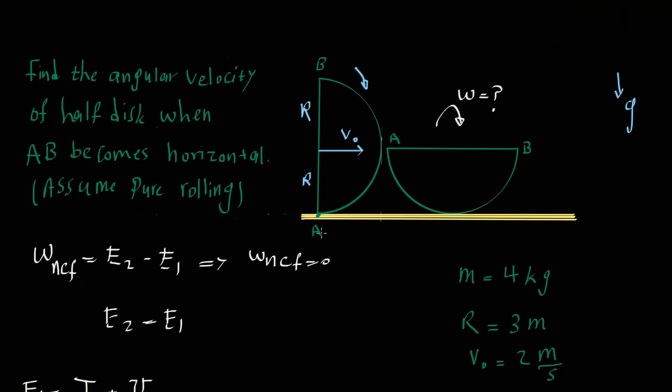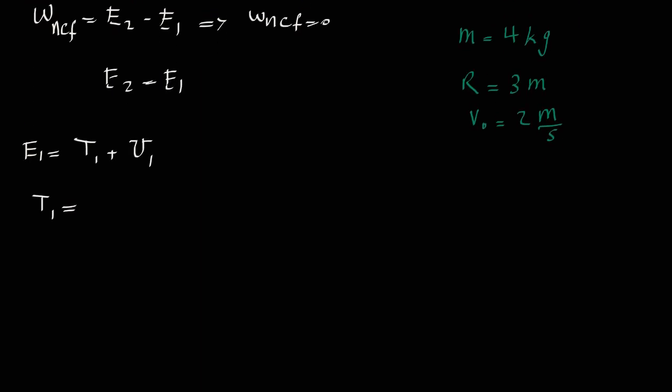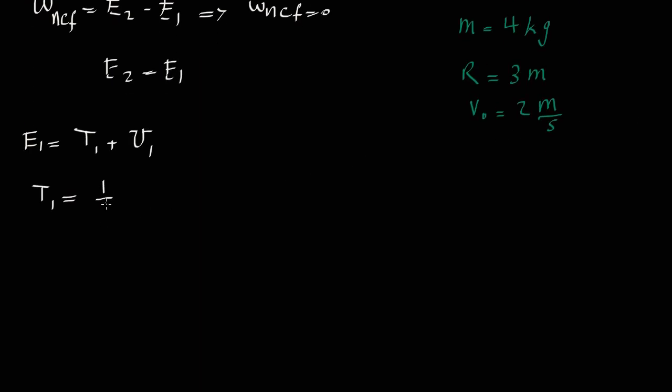Because we have pure rolling here, I would say that the velocity of this point A is equal to 0. And we saw that if the velocity of point A is equal to 0, we can write down the kinetic energy of this rigid body as 1 over 2 I_A omega squared, which is true because A is stationary.